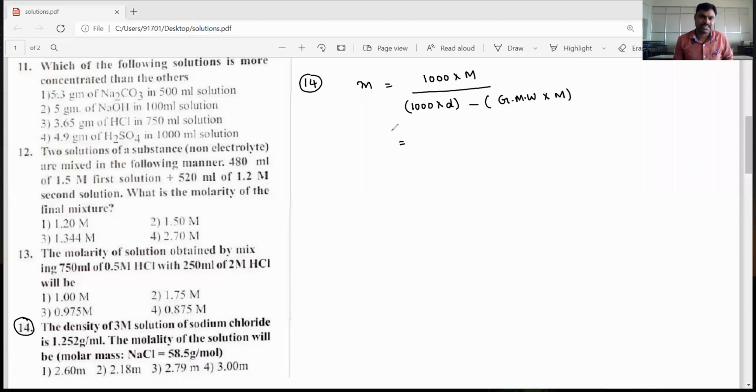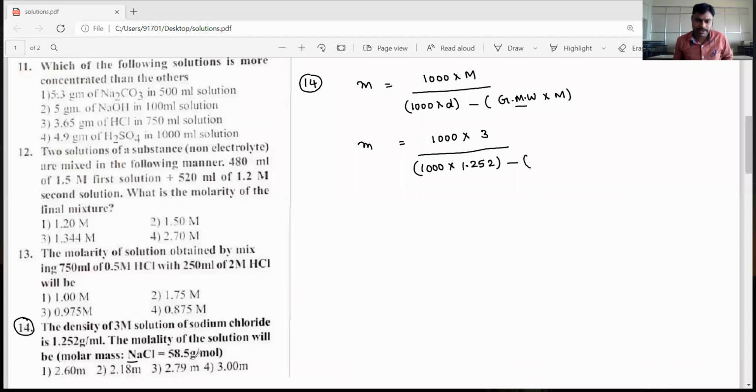Just substitute the given data, dear students. The molality is 1000 into the molarity of the solution, which is 3 they gave, divided by 1000 into the density of the solution, which is 1.252 they gave, minus the gram molecular weight of the solute. Here the solute is NaCl, dear students.